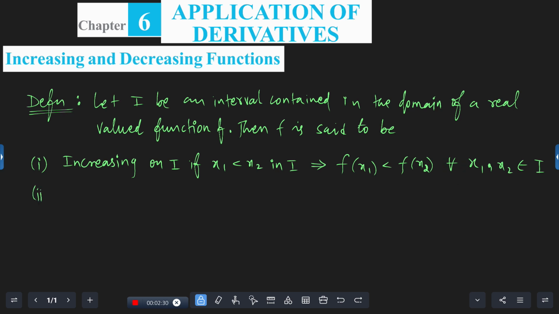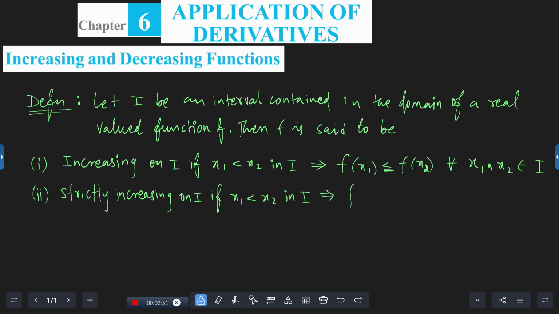Second point, strictly increasing on I if x1 less than x2 in I. This implies, for just increasing, equal will come.